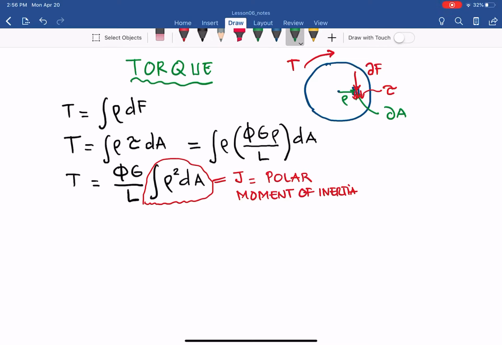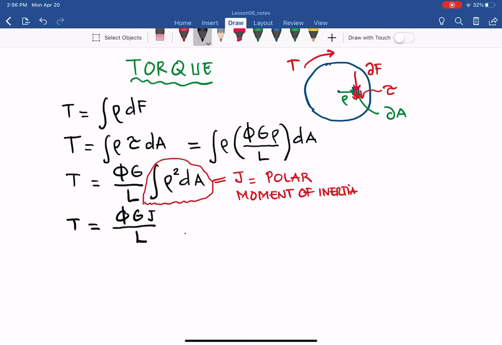I'm going to show you what J is in the next few minutes. But now let's simplify that one. Let's call that J. So we have T here equal to, the T is the torque, and already J, so we can have it phi G J over L. And from that one, as you can see, you want to find out the angle of twist.